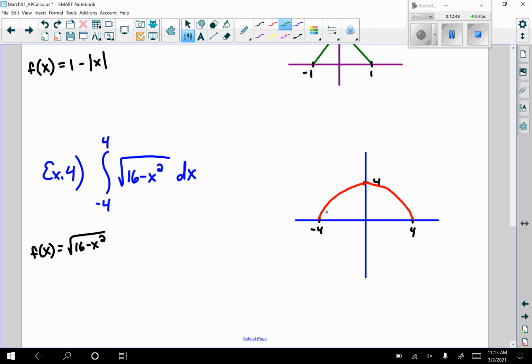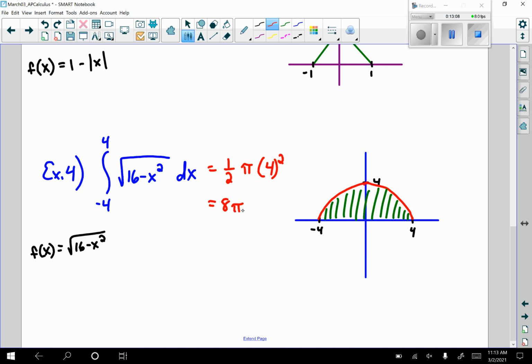So we are trying to find the area from x equals -4 to 4. So we're going to use the formula for area of a circle, but cut it in half. So it's going to become 1/2 times pi times our radius squared. And this gives us 8 pi.